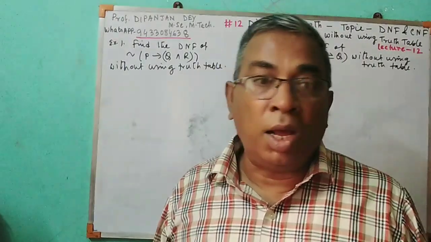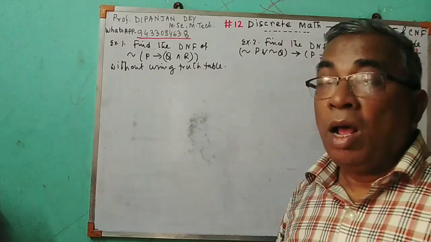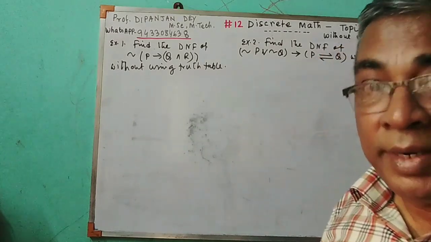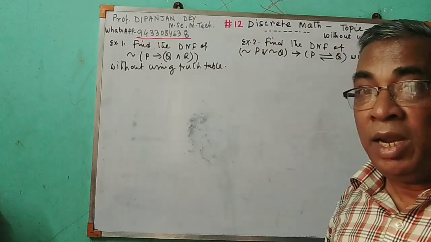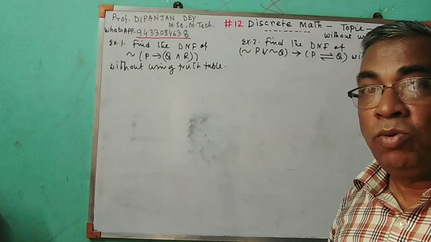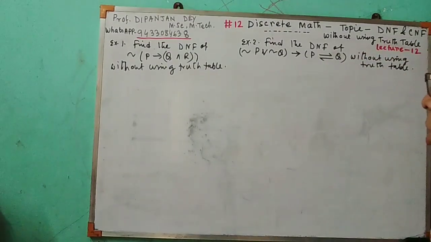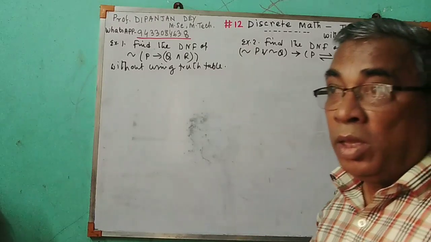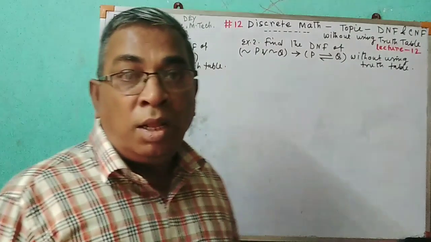Earlier, I had explained very nicely how to find DNF and CNF using a truth table. So in this lecture, the learner will be able to understand how to find DNF and CNF without using a truth table. Very, very important topic; every year a sum on it will come.